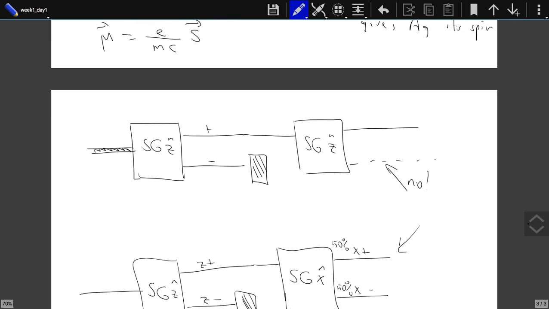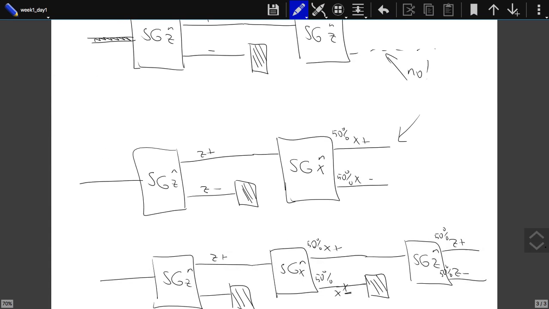These experimental setups are already giving us some mathematical model for this system. For example, in the first setup, we have a beam of silver atoms, we send them through a Stern-Gerlach apparatus, and they are split into two. That is where we begin building our mathematical model. We say that the first beam is maybe 50% Z plus, 50% Z minus type. That's the model.